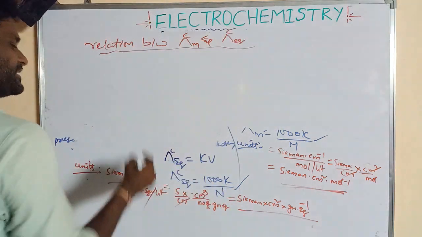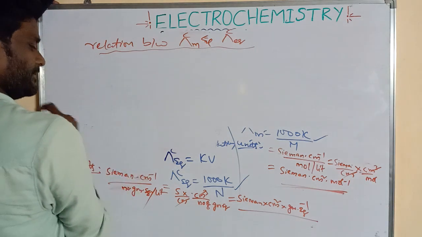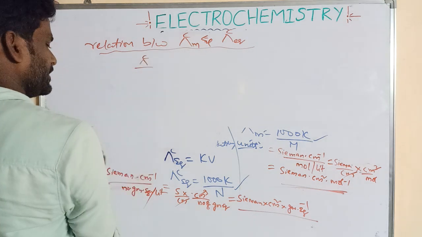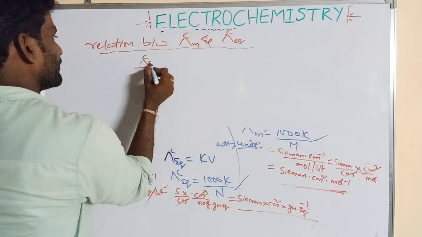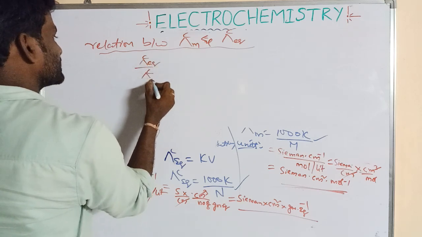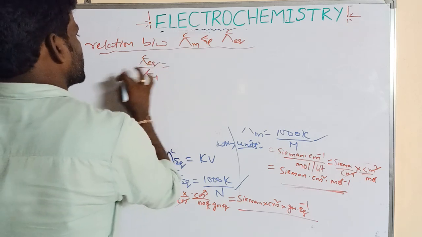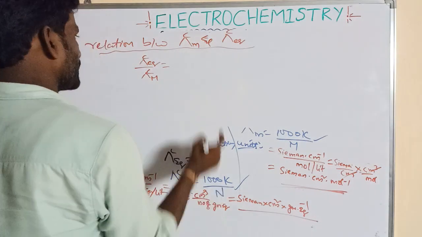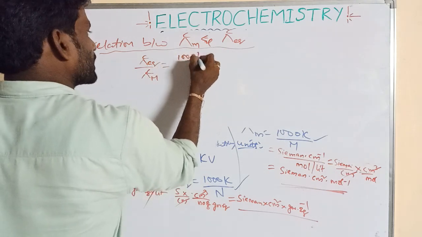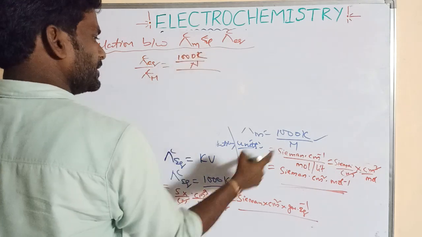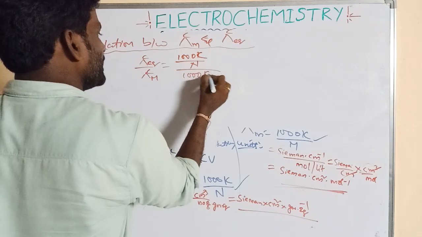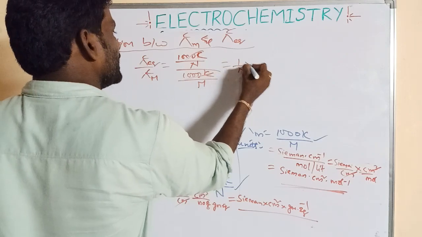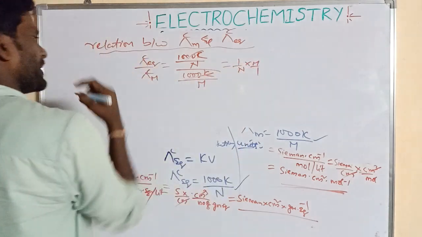Now what is the relation between these two? These two are divided. Lambda C equivalent conductance by lambda C molar conductance is equal to 1000 kappa by n, by 1000 kappa by molarity. So these two cancel. So 1 by n into m by 1. That means m by n.